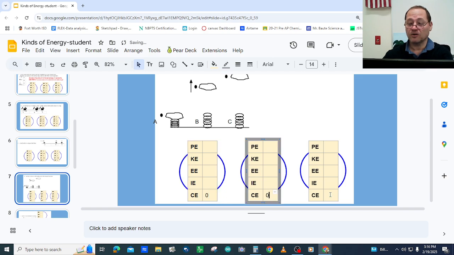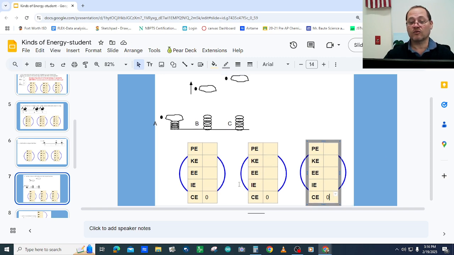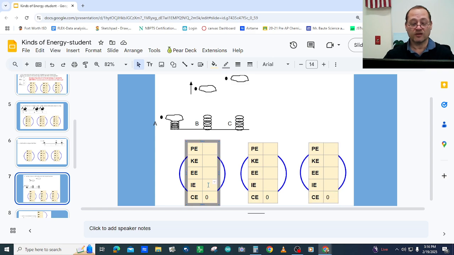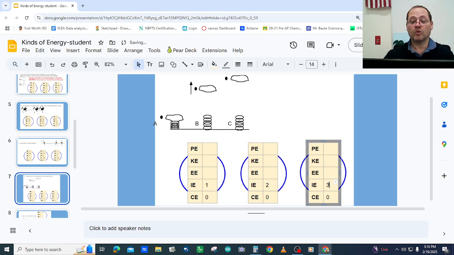So usually what I do is try to get rid of the storage mechanism that is not used. And you can see that we can assign a 1 for internal energy at the first point, then a 2 for the second point B, and then a 3% to point C, an increase in internal energy.